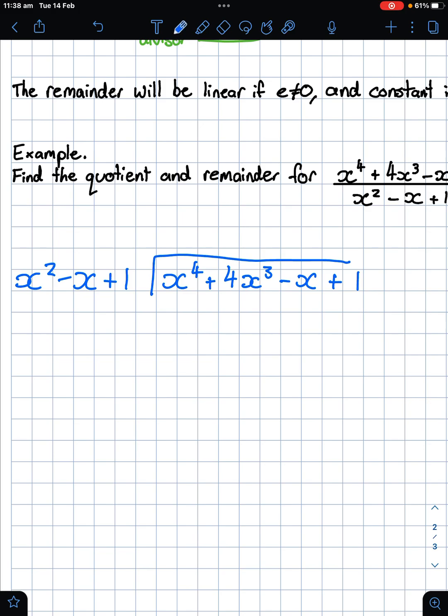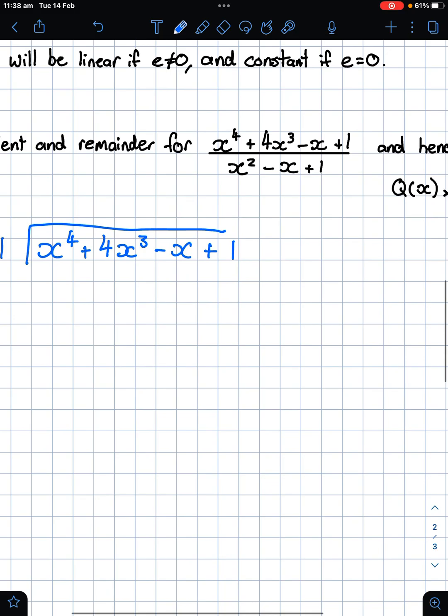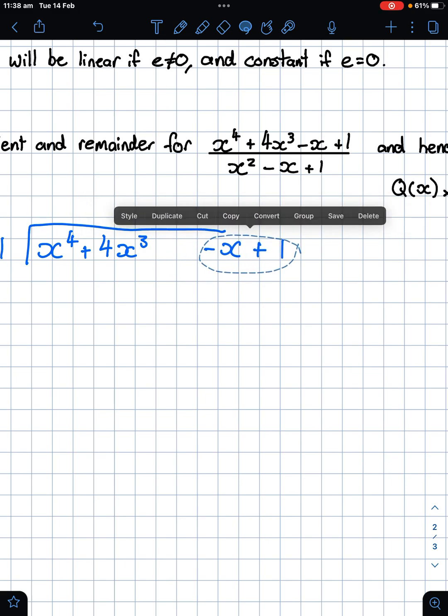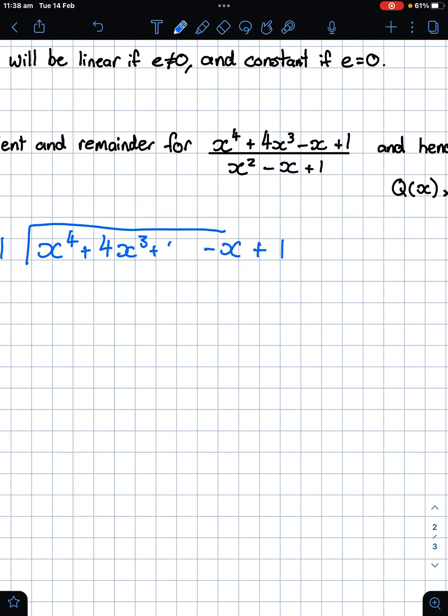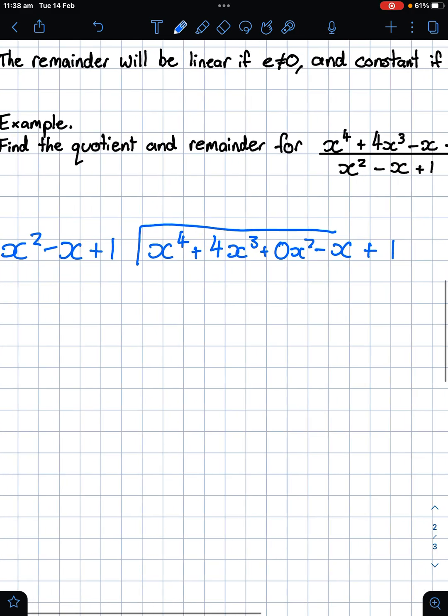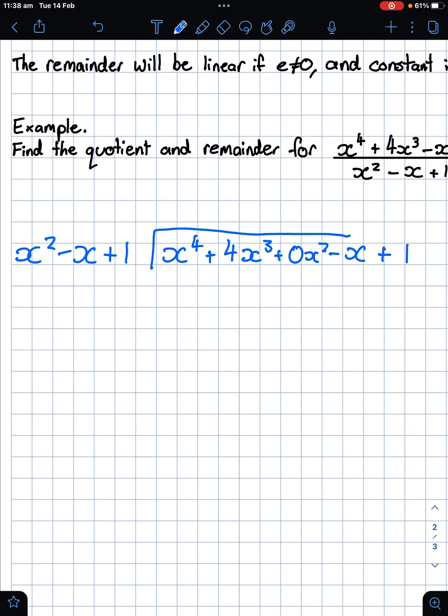That will be x squared. Oh, hang on, I have stuffed up here. I'm actually going to drag this along purely because it's better to have the columns, and I've got 0x squared, meaning I don't have an x squared in here. Okay, now, from what we just said, x squared times something gives me x to the 4, it's going to be x squared. So we put our x squared up in the x squared column up here.